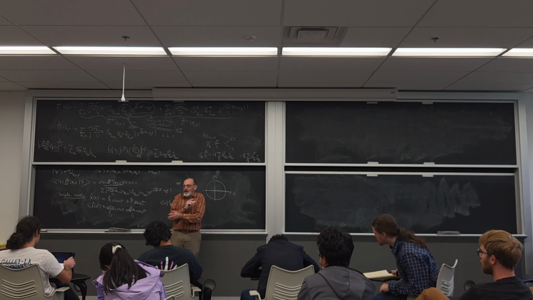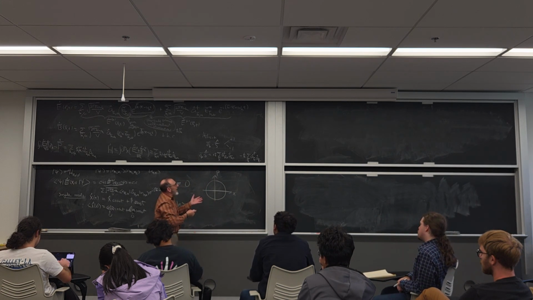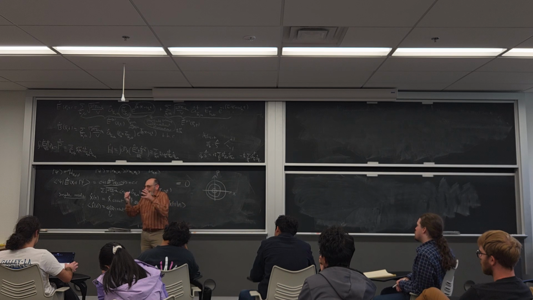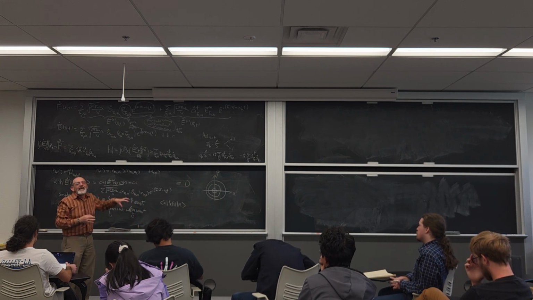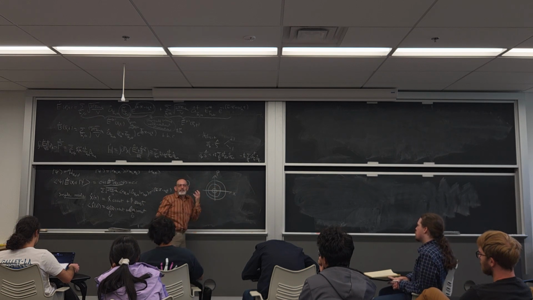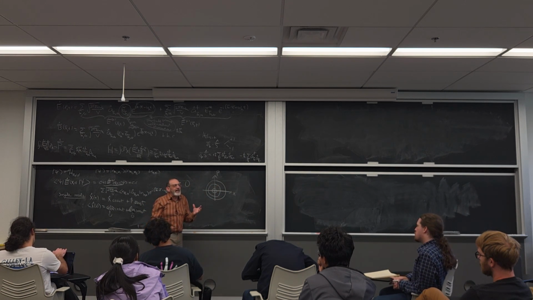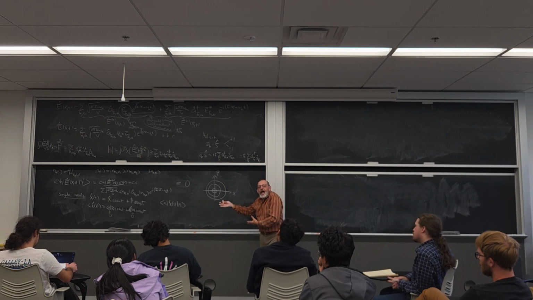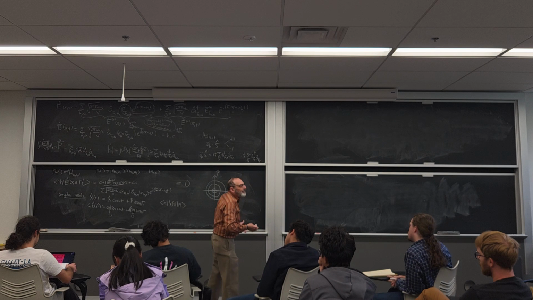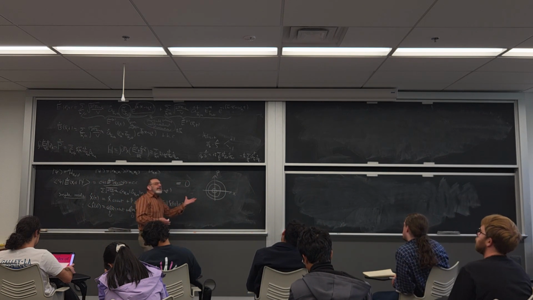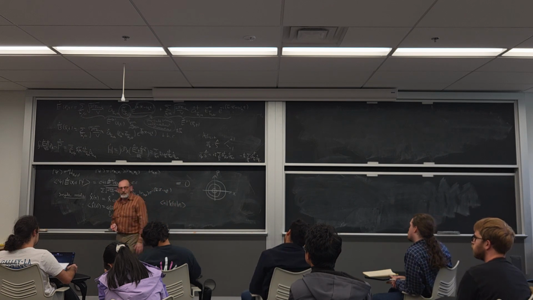I'm everywhere on this circle, which means my mean x is 0 and my mean p is 0 for all the energy eigenstates, which are concentrated on rings that have a certain amplitude, because a number state has a definite amplitude. I don't know what x is. X is uncertain to some degree, okay? And moreover, the mean x and the mean p are 0.